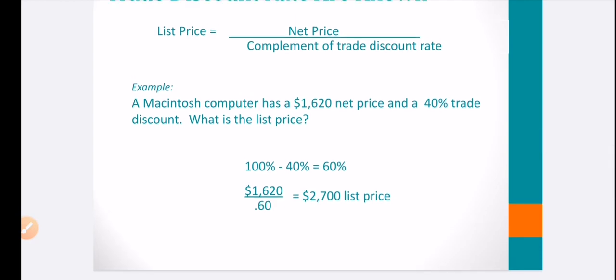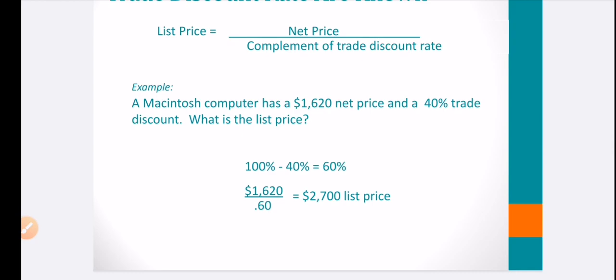Okay, so we just follow the formula. List price equals net price divided by the complement of the trade discount rate. So we first need to find the complement of the trade discount rate, which is 100% minus 40%, which is 60%.